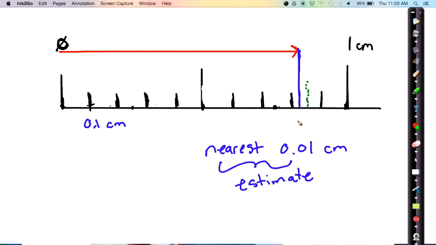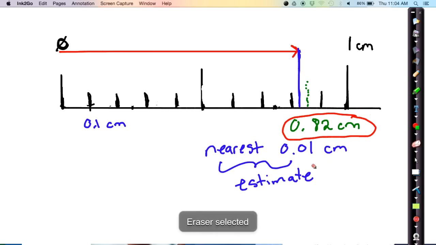And I'm going to say that this is about 0.82 centimeters. Based on the smallest marking on this ruler, I need to estimate that hundredths place. That 2 in the 0.82 centimeters is my estimated digit. And then this measurement would have two significant figures as a result. 0.82 centimeters has two significant figures based on the smallest increment of the ruler.